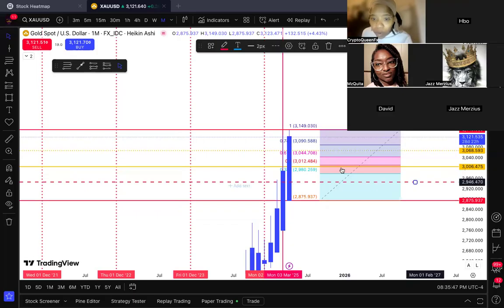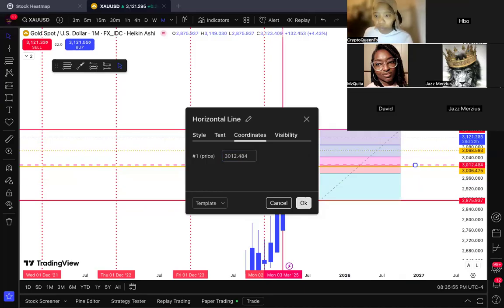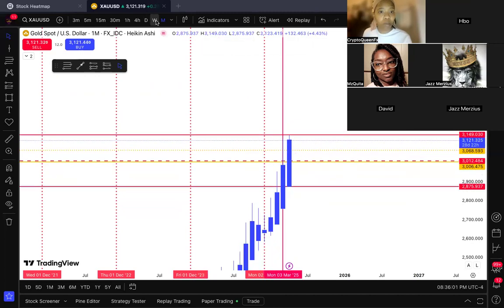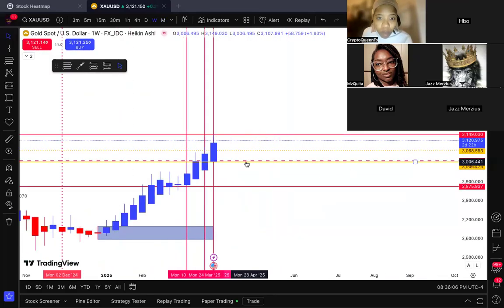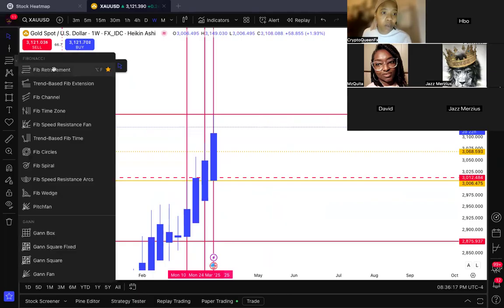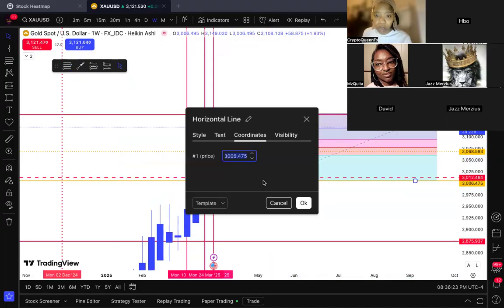Wait for lowest 3 6. Okay, the monthly and the weekly have the same high because gold keeps making new highs.